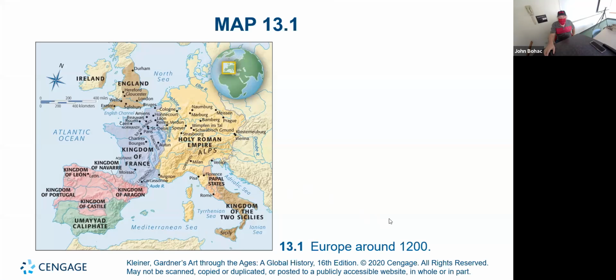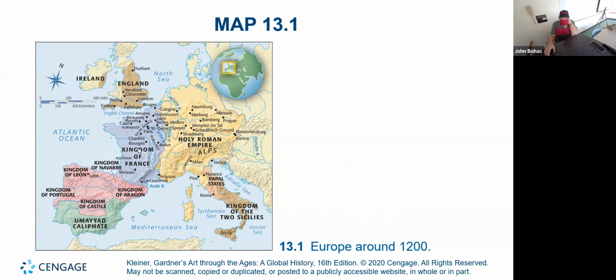I'm going to start with the map again. And just making sure, yeah. Holy Roman Empire, the Papal States. We got Spain and Portugal. This is around 1200.